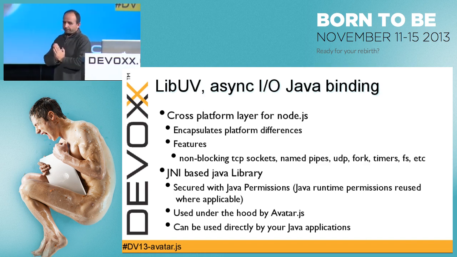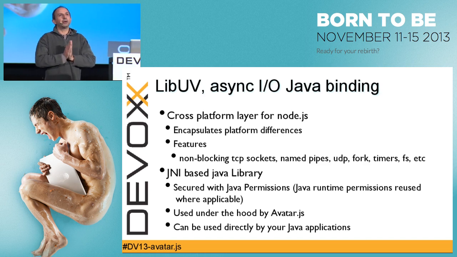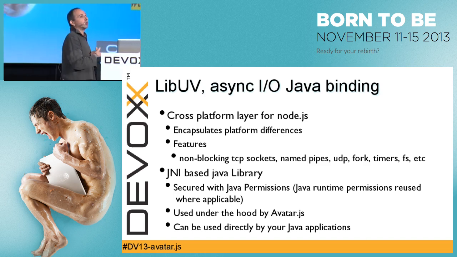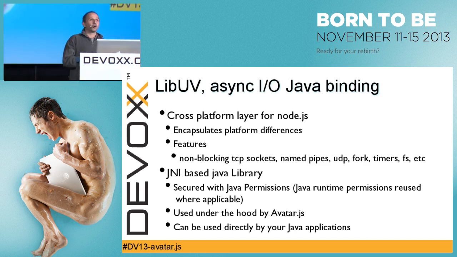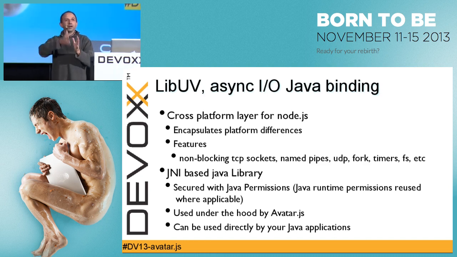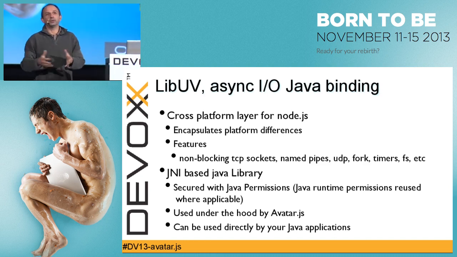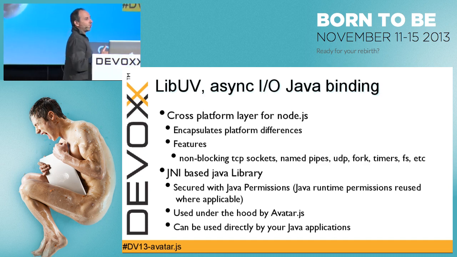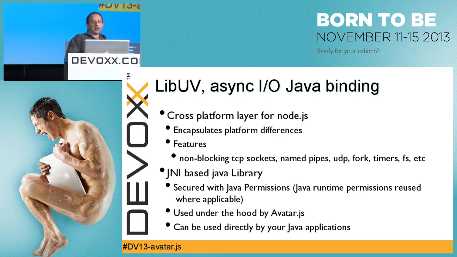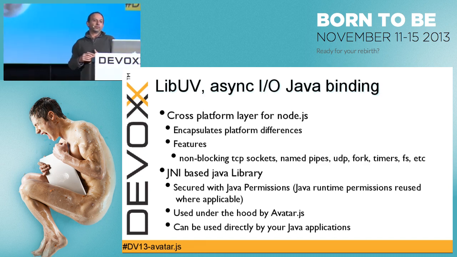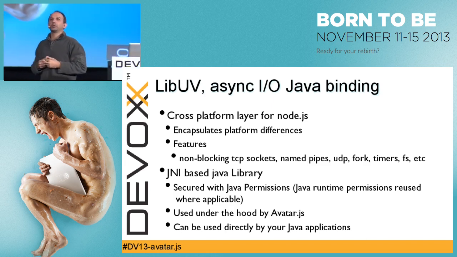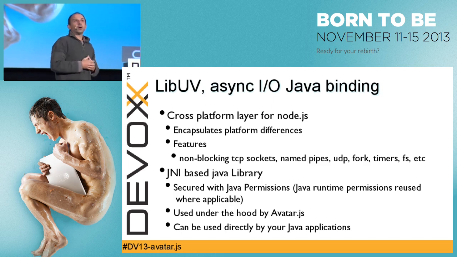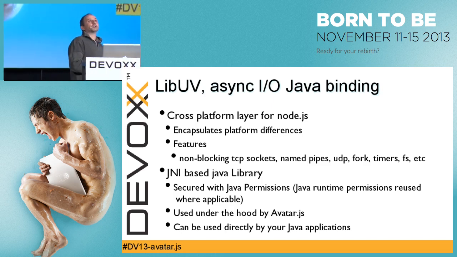Because this Java binding is very sensitive code, in a way it's core APIs that are parallel to Java APIs. You can access the file system, you have full power with libuv. So we have secured it with Java permissions. And where it was possible, where it makes sense, we have reused Java runtime permissions.